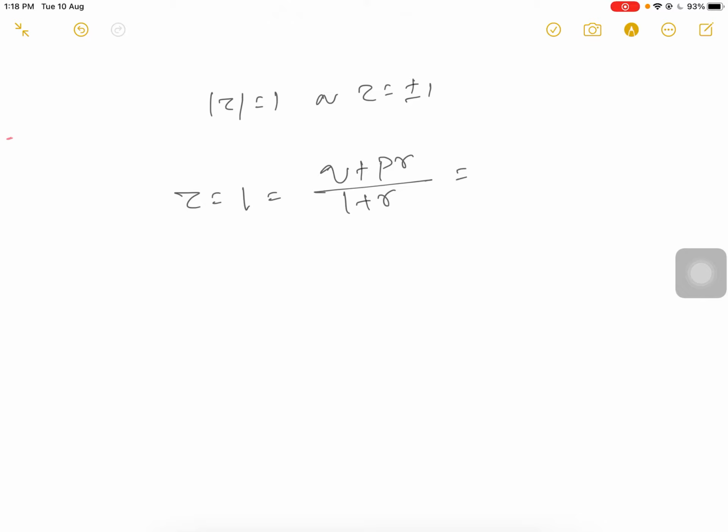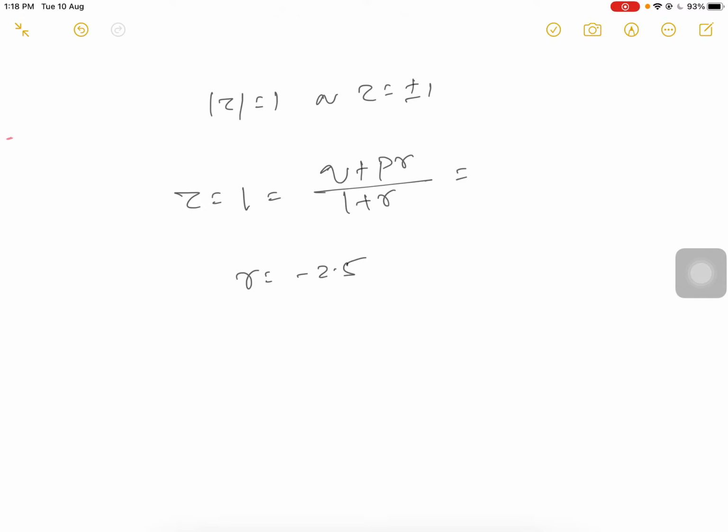Putting in all the values, we find r is equal to minus 2.5.